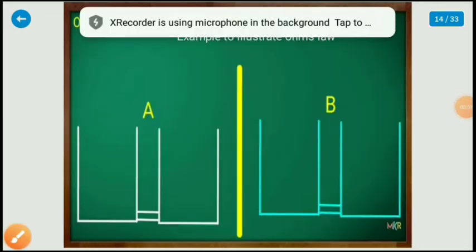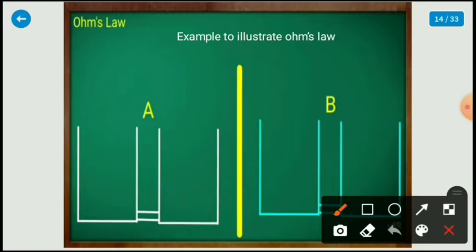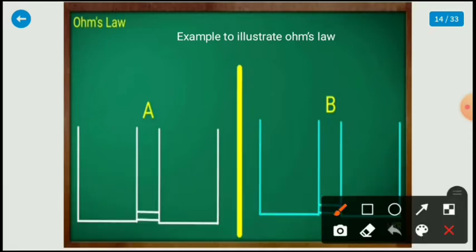Here let's illustrate Ohm's law. Let's take two activities, A and B. In A, put a certain amount of water here, and in B, fill this amount of water.